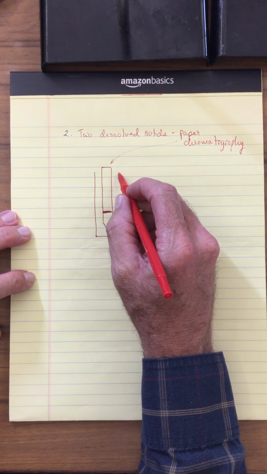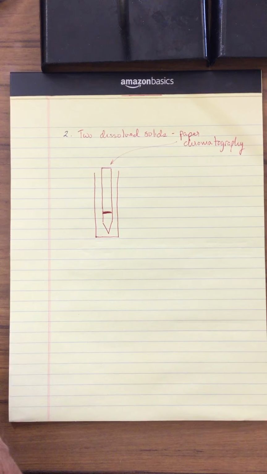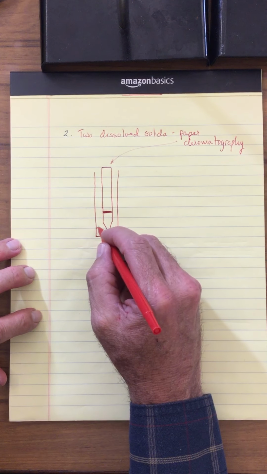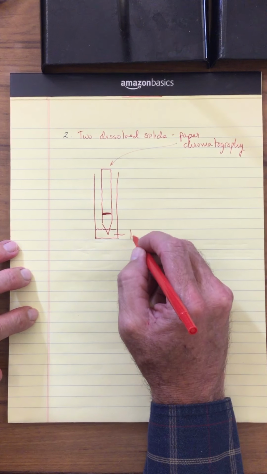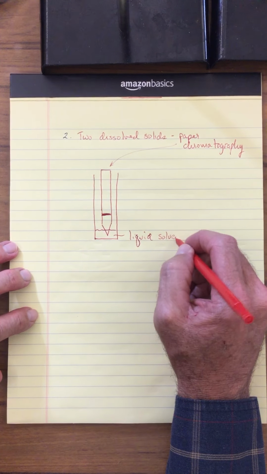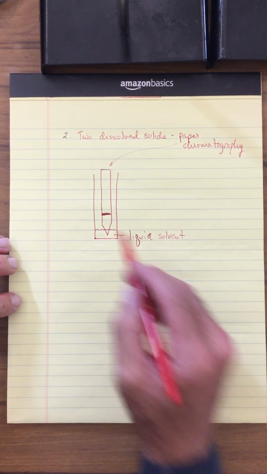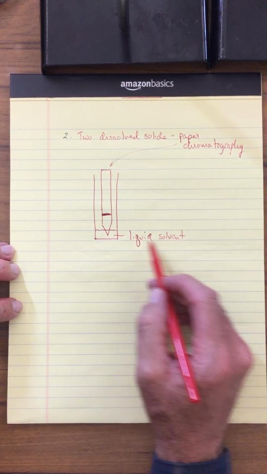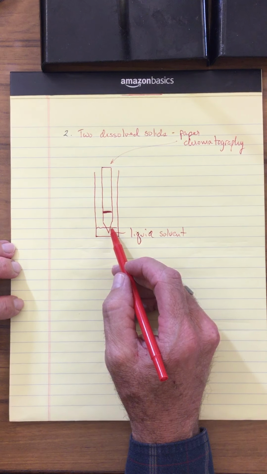And this container is then going to have some type of liquid in it. And this liquid at the bottom is called the solvent. And these materials that dissolve in the solvent will be able to be carried by this liquid.